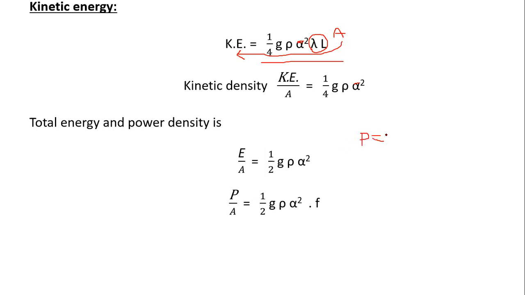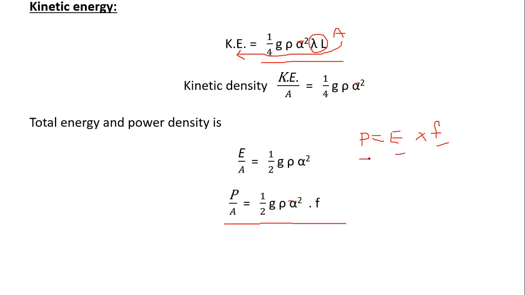Power is equal to energy into frequency. So in place of E, I can write P by F. If I send this F to the right hand side, the formula becomes P by A is equal to half g rho A square into F. We know that F is the frequency, E is the energy, and P is the power here.